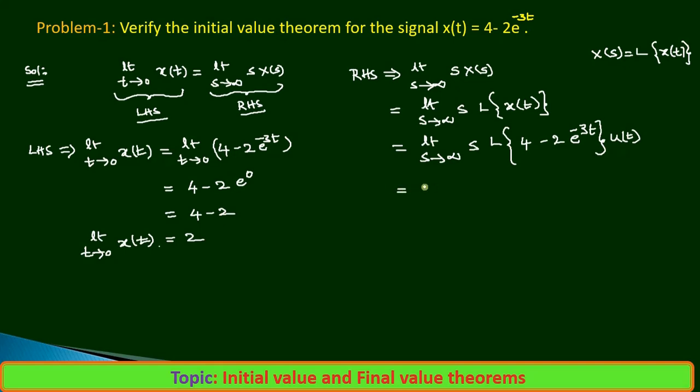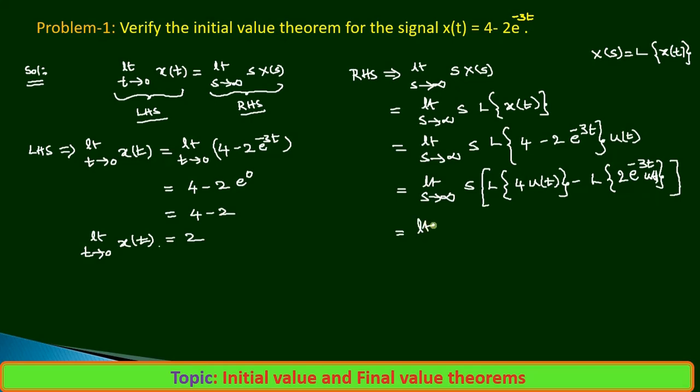This equals limit s tends to infinity of s times the Laplace transform of 4 u(t) minus the Laplace transform of 2 e^(-3t) u(t), and all this we put in a bracket.